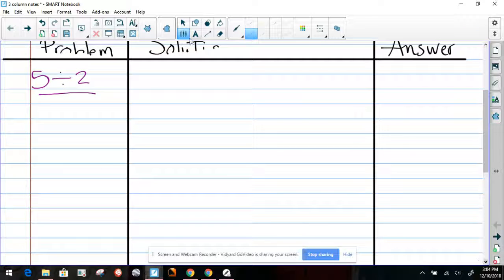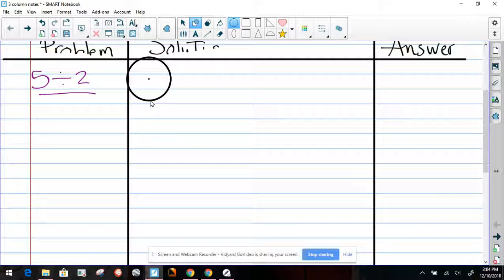So the unit form says you have 5 sandwiches. How many sandwiches? 5. So that will be not a good sandwich. Let's go back to a shape that we can divide. So that will be a square. So that'll be how many sandwiches? We said 5. Okay.